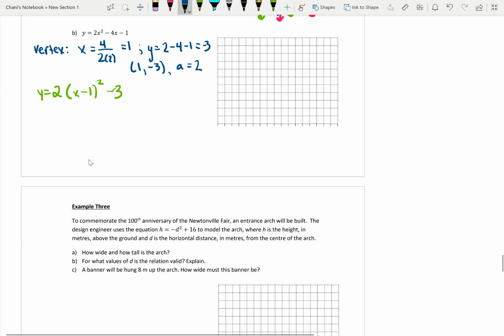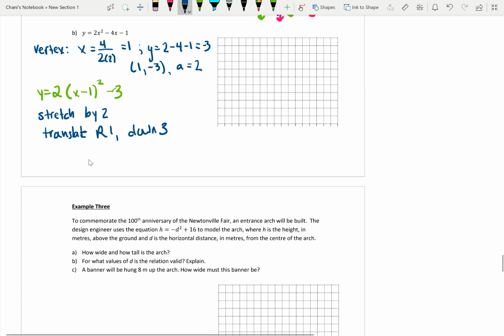Okay, so let's think about the transformations. So this is a vertical stretch by a factor of 2, and then we're going to translate right 1 down 3. Okay, so it's going to be stretched up and then go down 3.